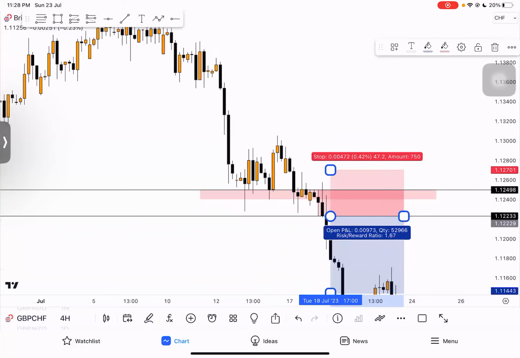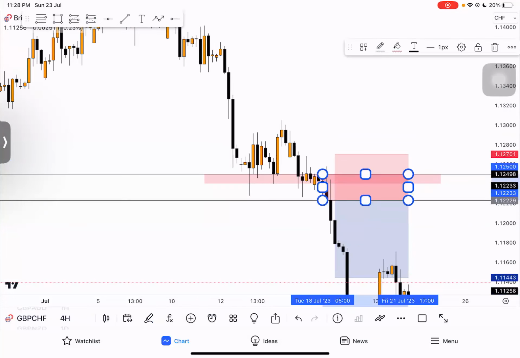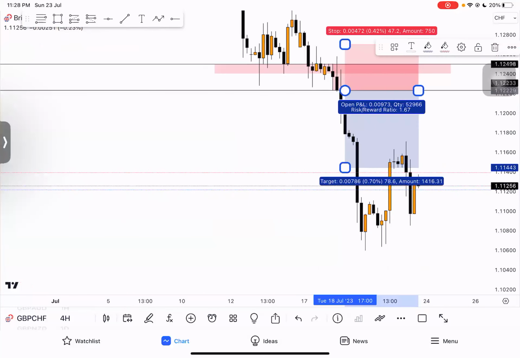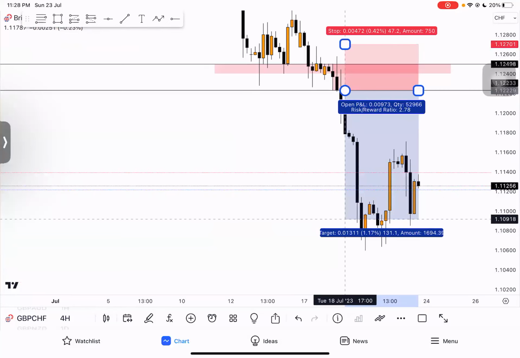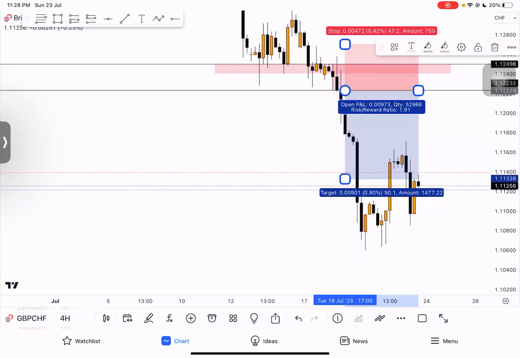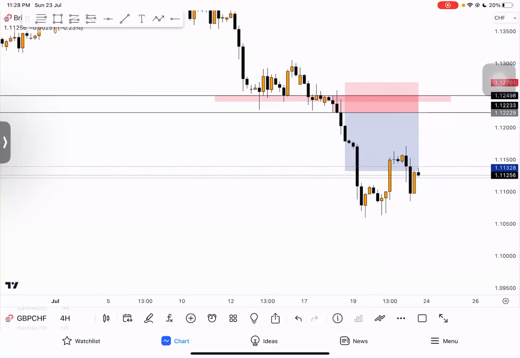Then your TP. For example, your risk right now is almost 40 pips, so your TP will be 1:2, 80 pips. Somewhere here. This is your TP and SL.